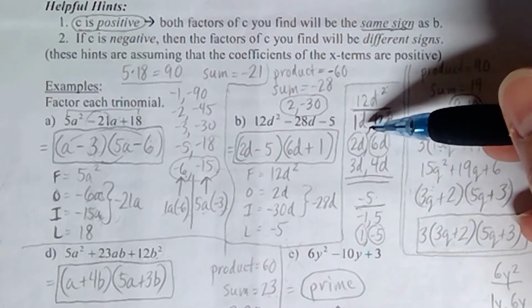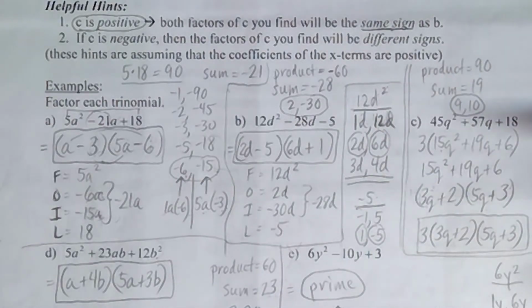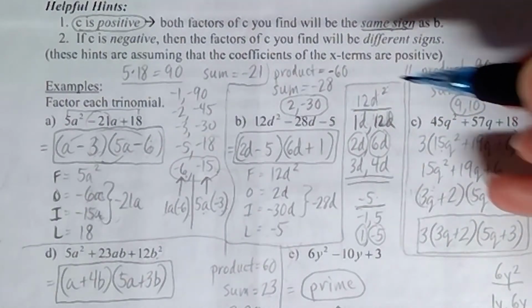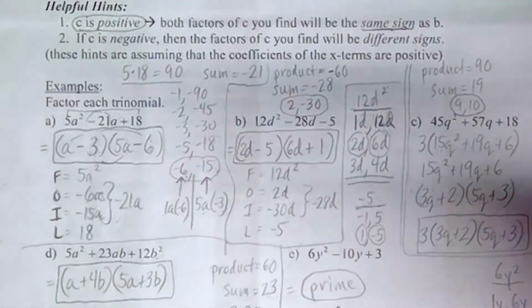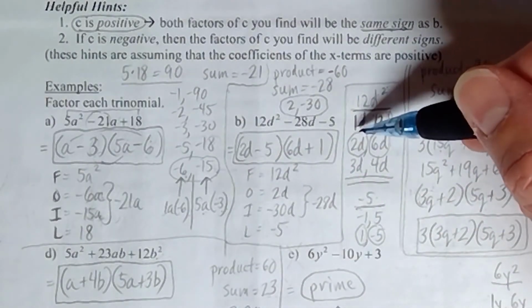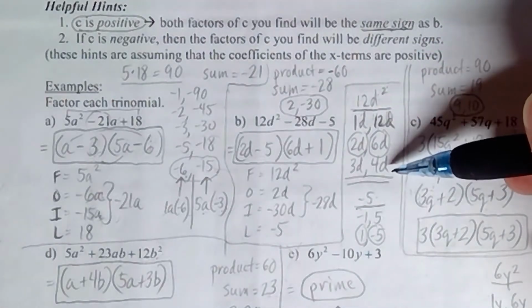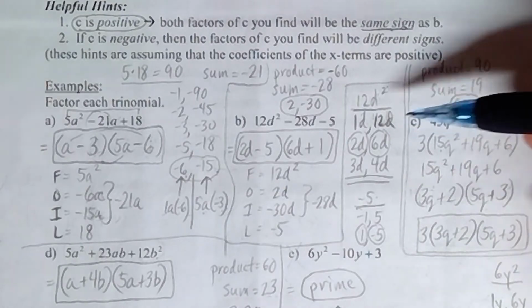Again, no exponent, but just the variable, d and d, d and d, d and d. And if it had been x squared, you go x and x, x and x, and so on. The d should only be positive. No doing negative, negative, or anything like that with the first term. But you remember to put the variables in there. So you make that list. I'll get to why we do that in a minute.